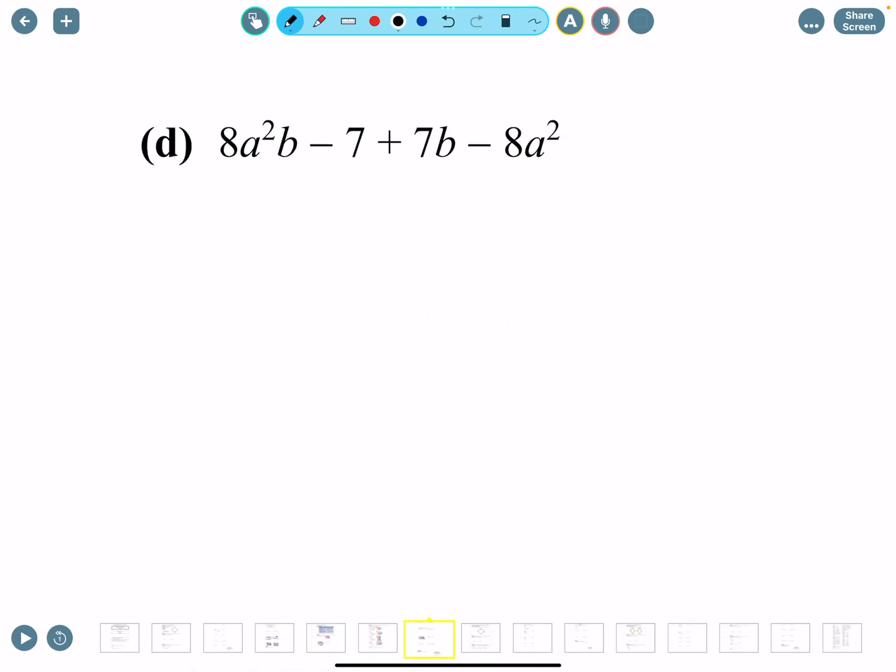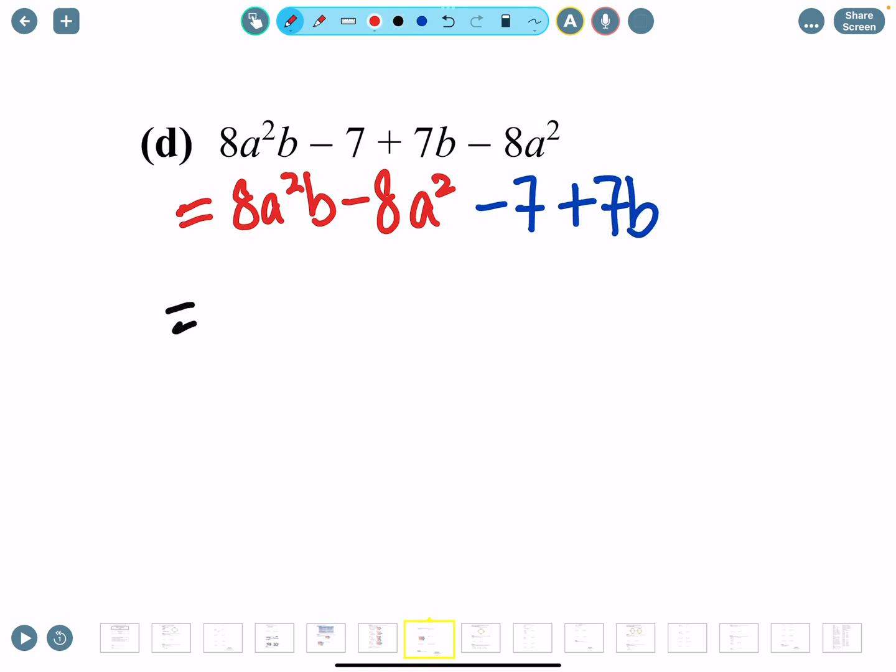D, similar method. Most likely I'm going to put the 8 and a together. They look similar to me. So 8 square and b combined with negative, don't forget the negative follows the 8 there, negative 8a square. Then I'm going to move negative 7 here, plus 7b.